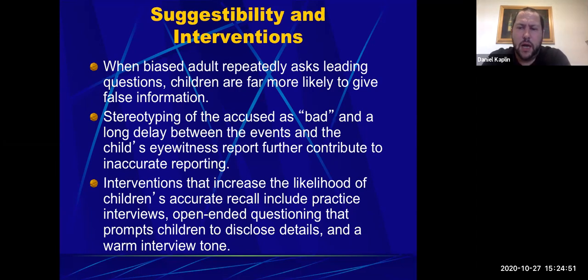So stereotyping a person as bad or labeling a person as bad is going to increase the likelihood of a person telling more negative stories about that individual who's bad, so to speak. So how do you address some of these problems if you want to get more accurate information?